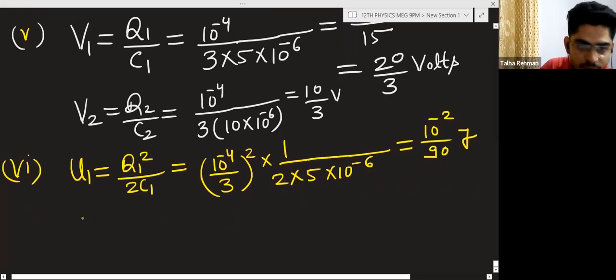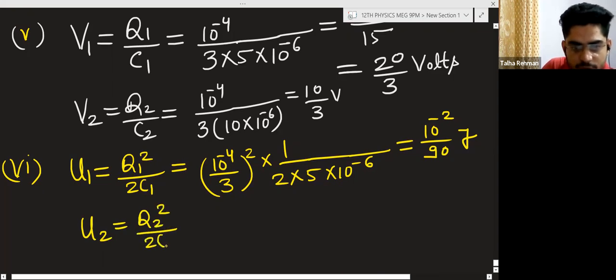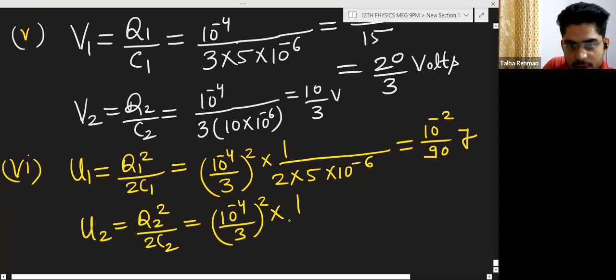If you want to calculate U2, it is Q2 square divided by 2C2. Now Q2 is 10 to the power minus 4 divided by 3, squared, into 1 upon 2 into 10 into 10 to the power minus 6.